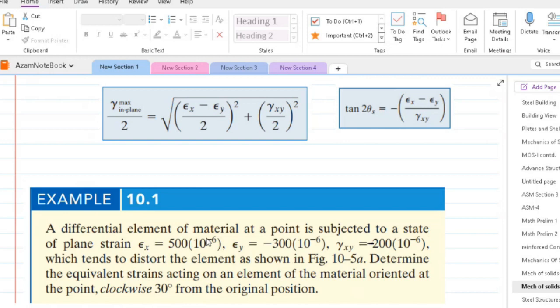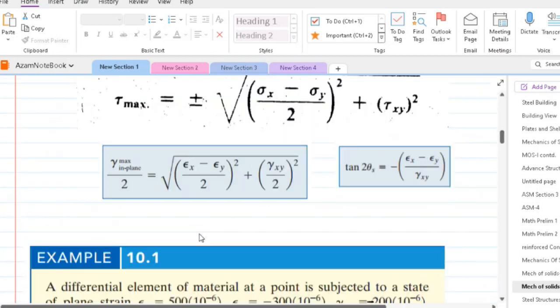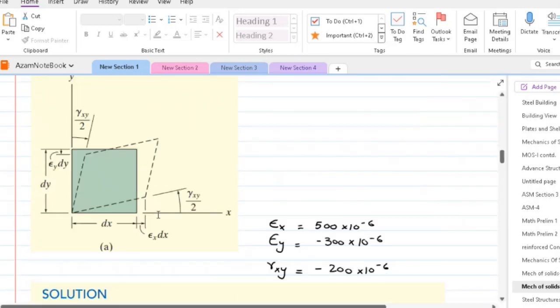Let us try to understand how to use these expressions with an example. A differential element of material at a point is subjected to a state of plane strain. Strain x is equal to 500 into 10 raised to power minus 6. Strain y is equal to minus 300 into 10 raised to power minus 6. And gamma xy is equal to minus 200 into 10 raised to power minus 6, which tends to distort the element shown in figure.